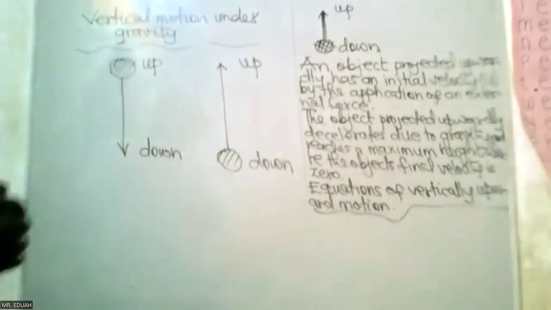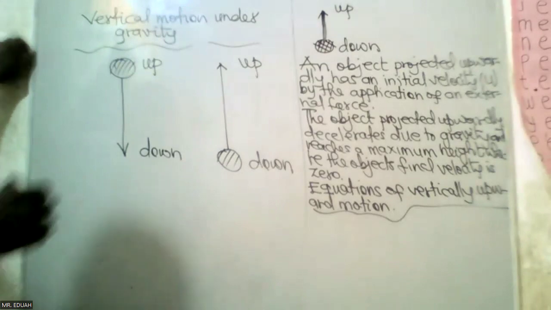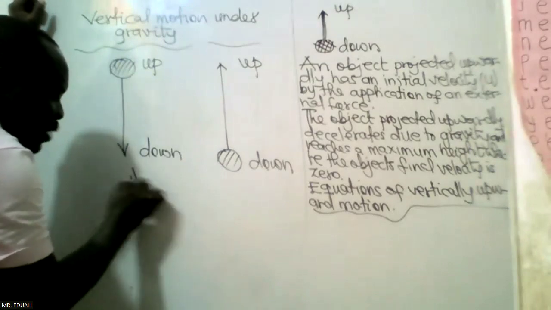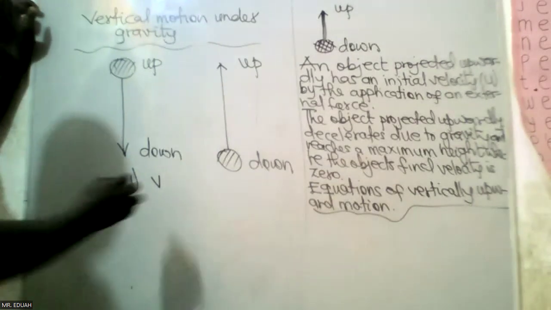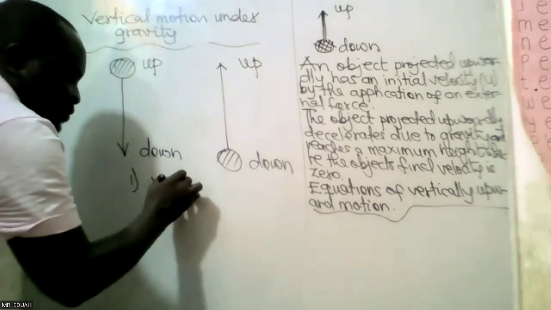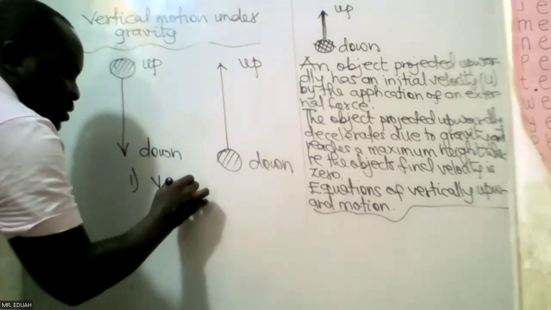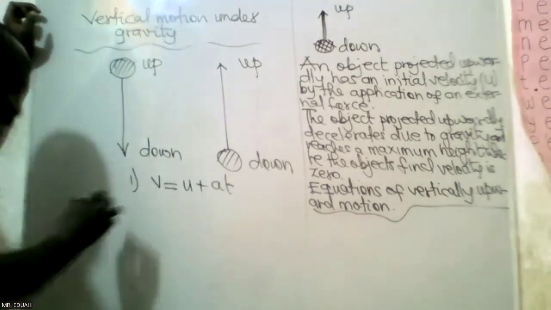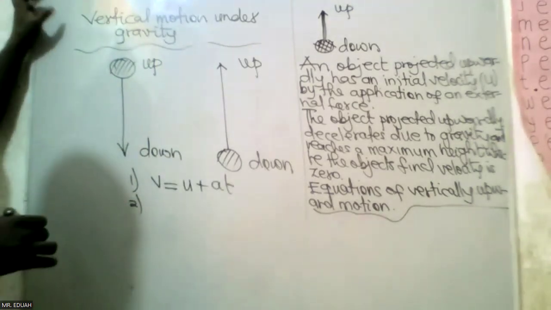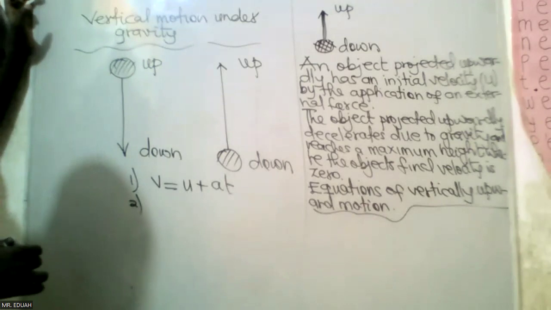What are the 3 equations of motion we derived? Equation 1. What is the first equation? V is equal to U plus at. Good, U plus at. Then 2. Josiah, I've seen you.